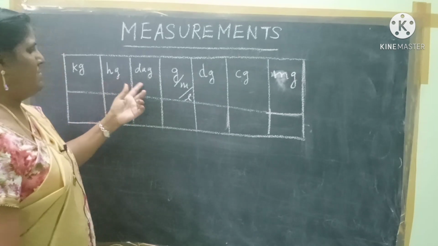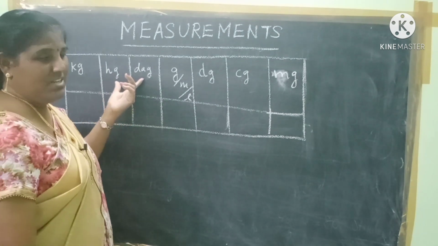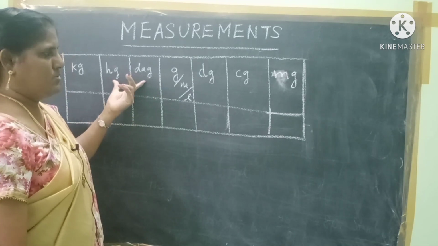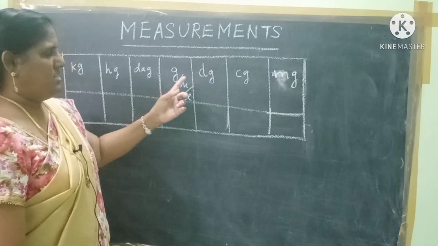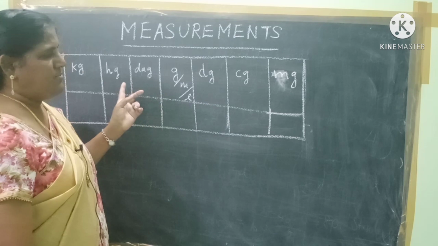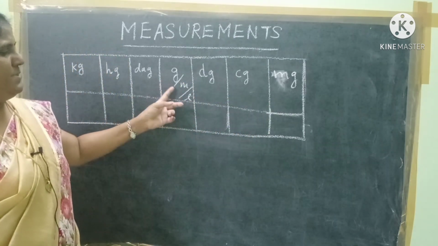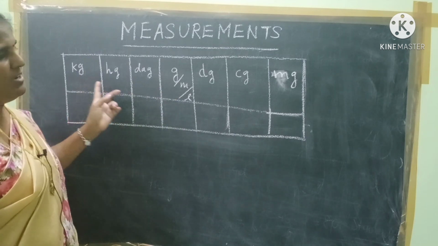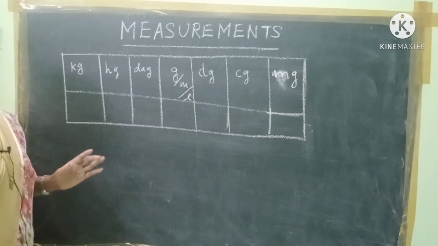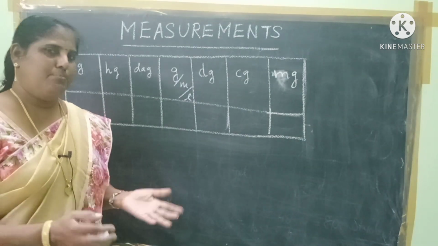Other than this, no need to compare, because in our sums and in day-to-day life we are not going to use these decimal ones. These 3, milligram, centigram, gram, or meter or liter and kilogram only we are going to use in day-to-day life. Okay. Now I am going to explain how to form the table.